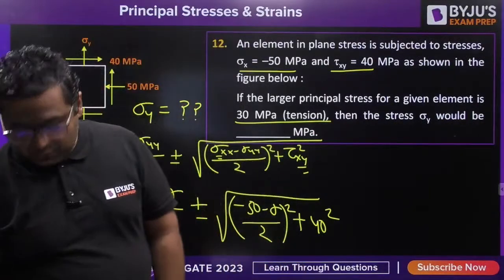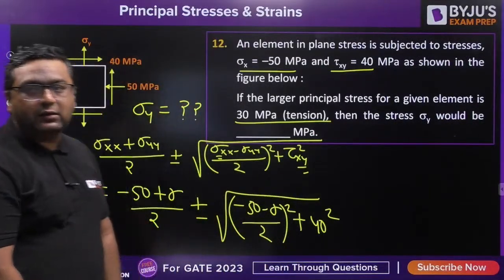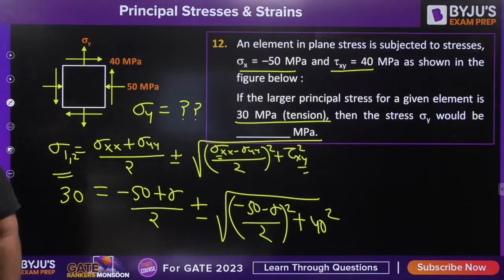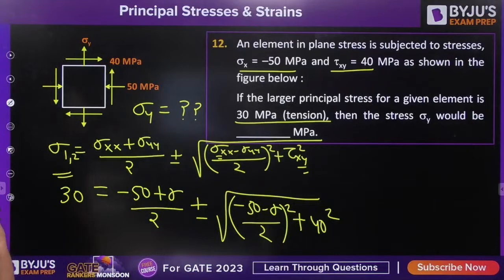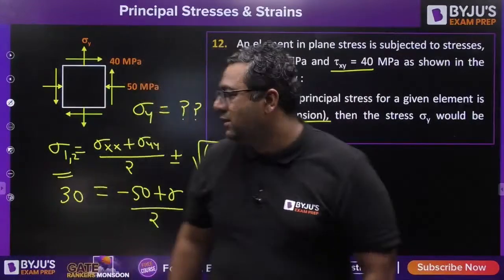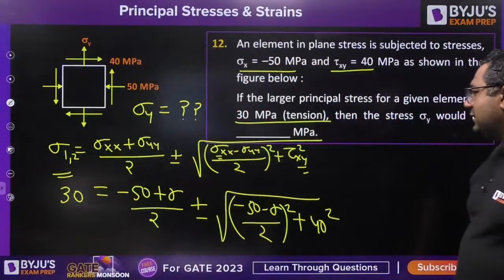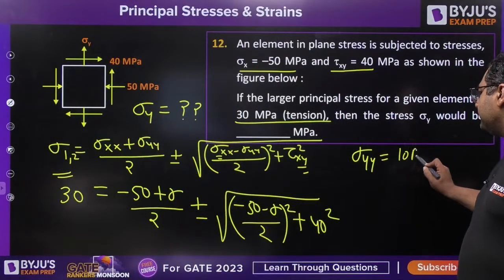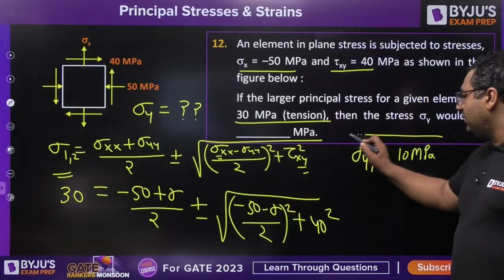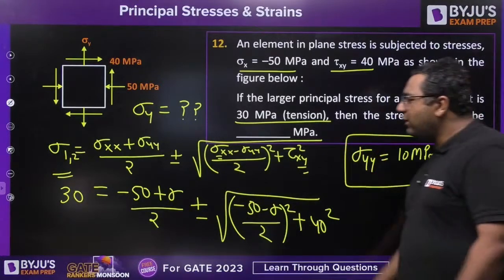Very good, brother. So what will the answer be? Midun, you are very close actually. Bhavya, I feel you have done some mistake. Whenever you calculate sigma y for this case, yes, sigma y would come out to be 10 MPa. Solve it. It's only calculation.